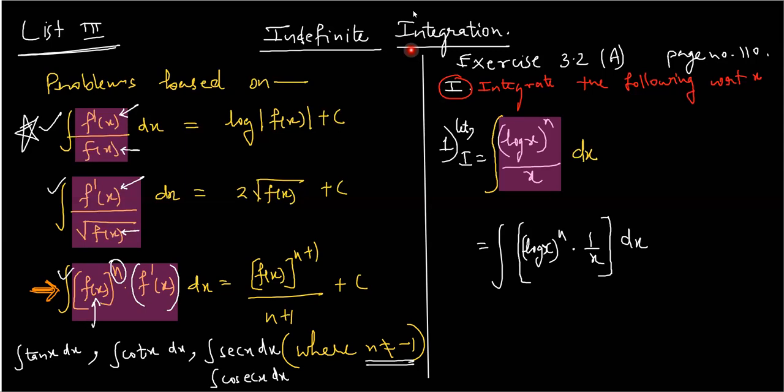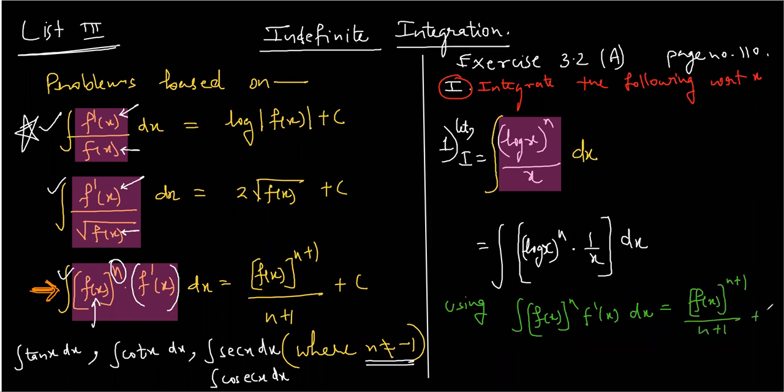Here I will have to write, using, remember students, whenever you use any of these results, you will have to write the result there: integration of f of x raised to n into f dash x dx equals f of x raised to n plus 1 upon n plus 1 plus c.